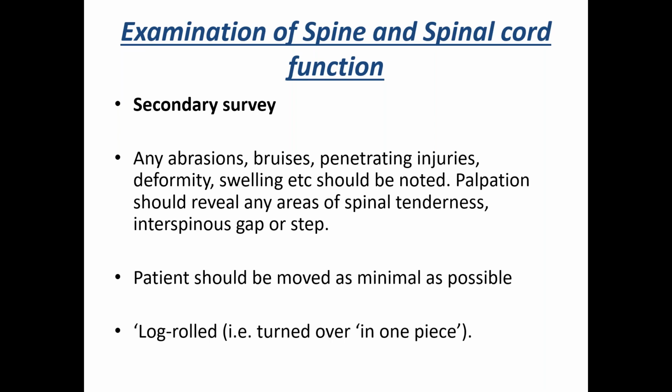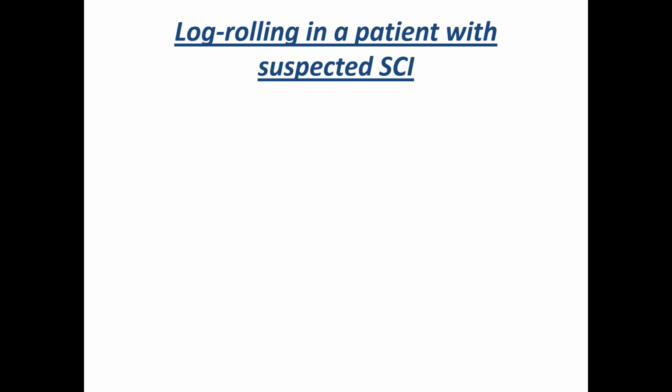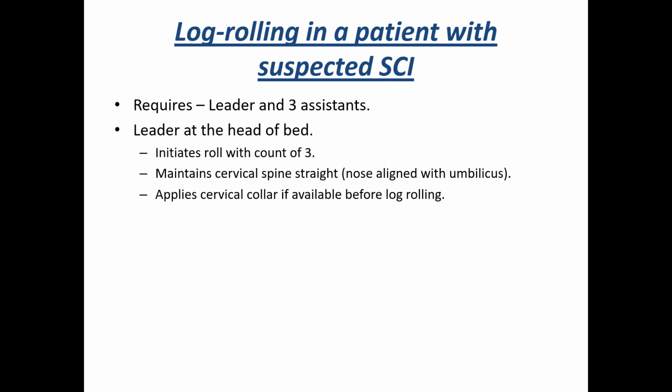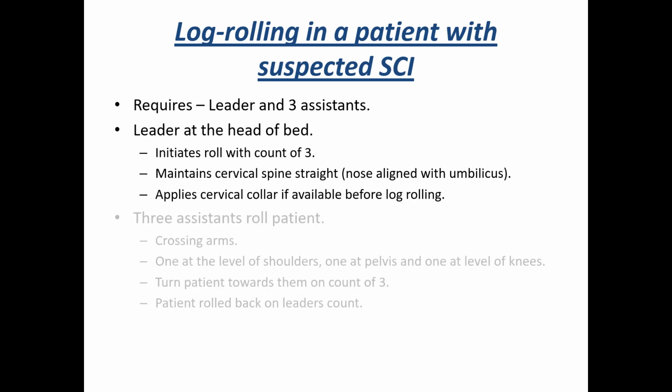Log rolling, we should know. Log rolling is turning the patient as one piece, just like a log of wood. In spinal cord injuries, we need to initiate the roll with a count of 3, maintain cervical spine straight, nose aligned with umbilicus, and apply cervical collar if available before log rolling.